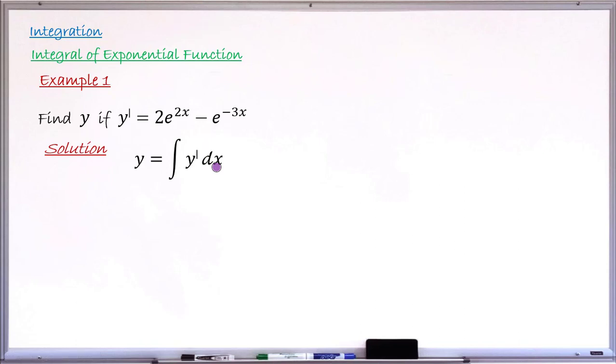So now, y prime is 2 e raised to the power of 2x minus e raised to the power of minus 3x. I will replace my y prime by this. So I have the integral, open bracket, 2 e raised to 2x minus e raised to the power of minus 3x, close bracket, dx.